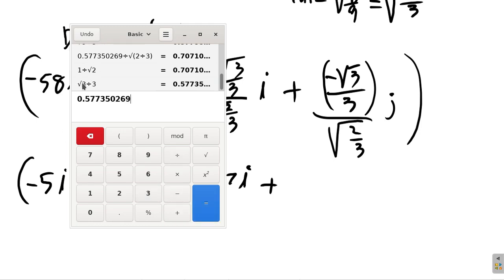Alright? You could use open bracket, close bracket, and that is divided by the square root of open bracket 2 over 3 close bracket. Now remember, there's a negative. Could put the negative here. Let's not bother to put it. The square root of 3 over 3 over square root of 2 over 3 equals 0.707, but there's a negative. Alright, it's really minus 0.707 again.